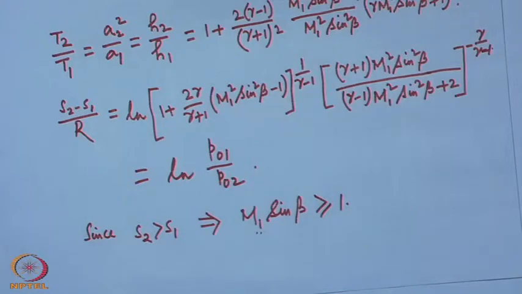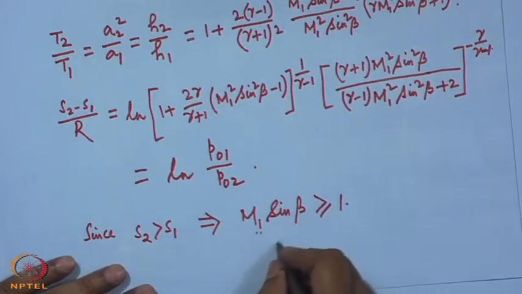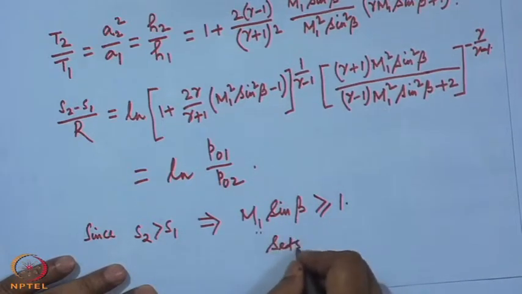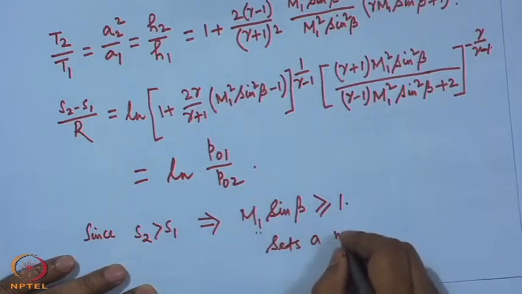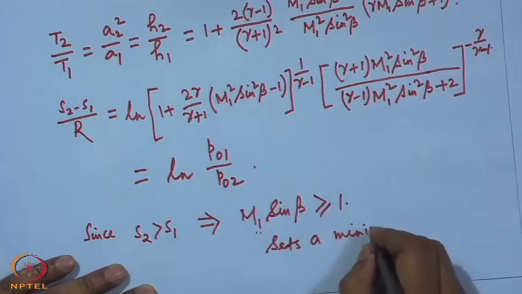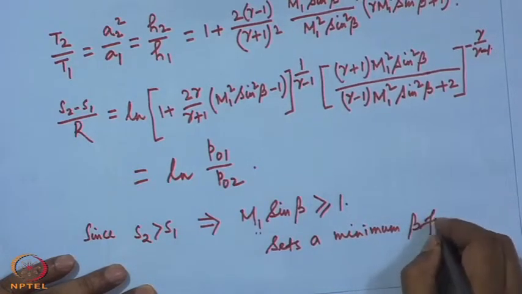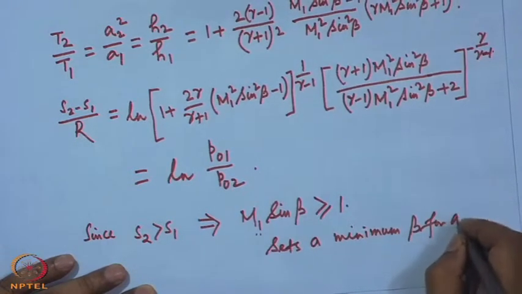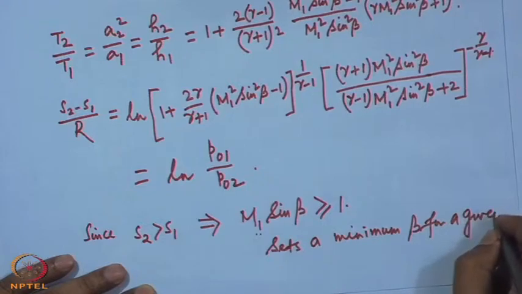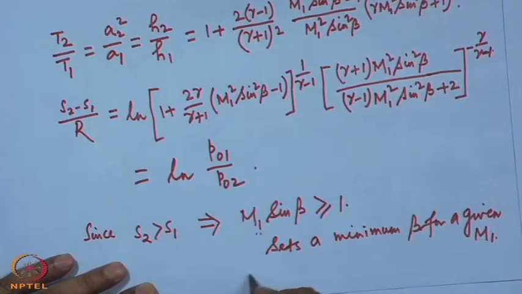The maximum is of course when beta is pi by 2, or when the shock is normal.